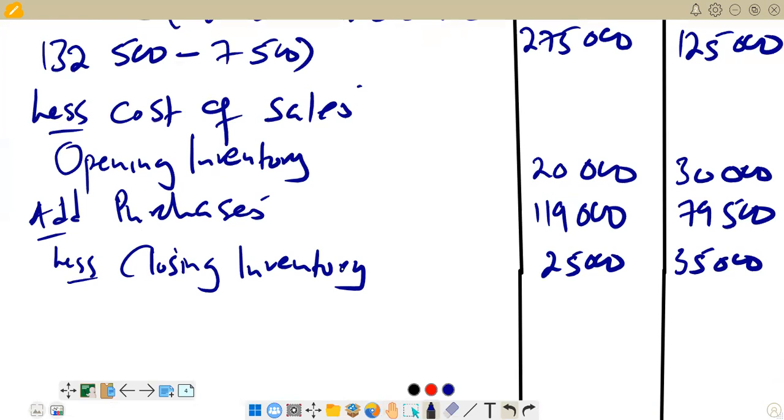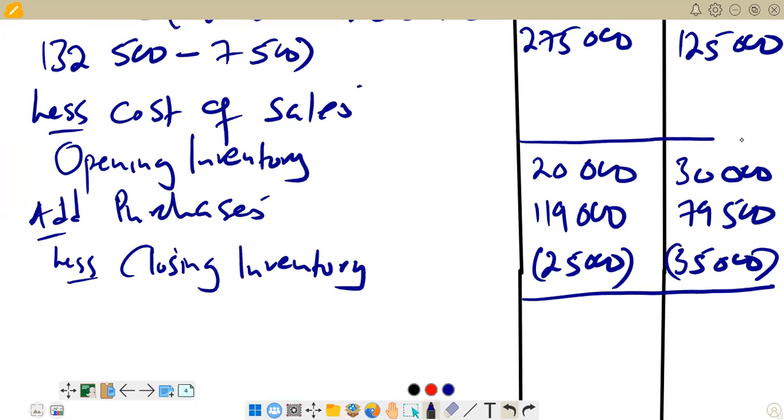So we remember we are saying less there, so we subtract. Then after that we close to verify the figure of cost of sales. So for toys, we're saying 30,000 plus 118,000 minus 25,000. The figure that you are supposed to get there is 114,000. If you subtract, because here you're saying less. So here 30,000 plus 17,500 minus 35,000, you get 74,500. So this is what we have.